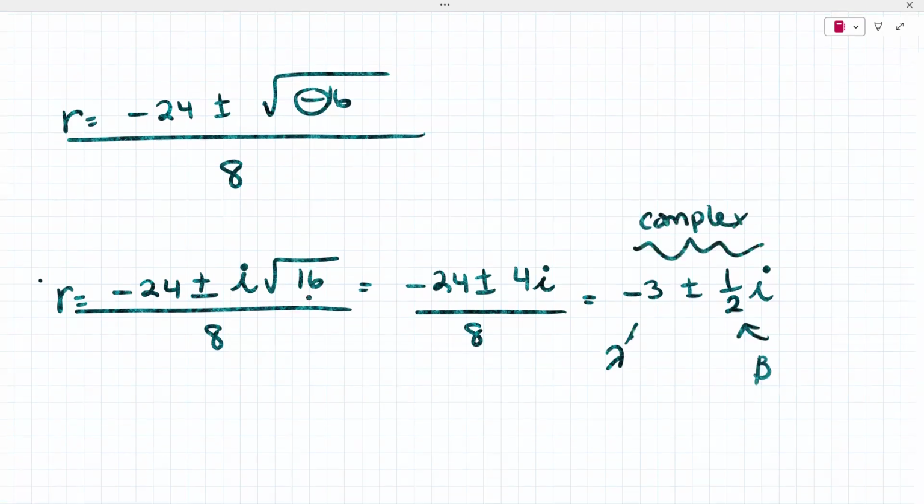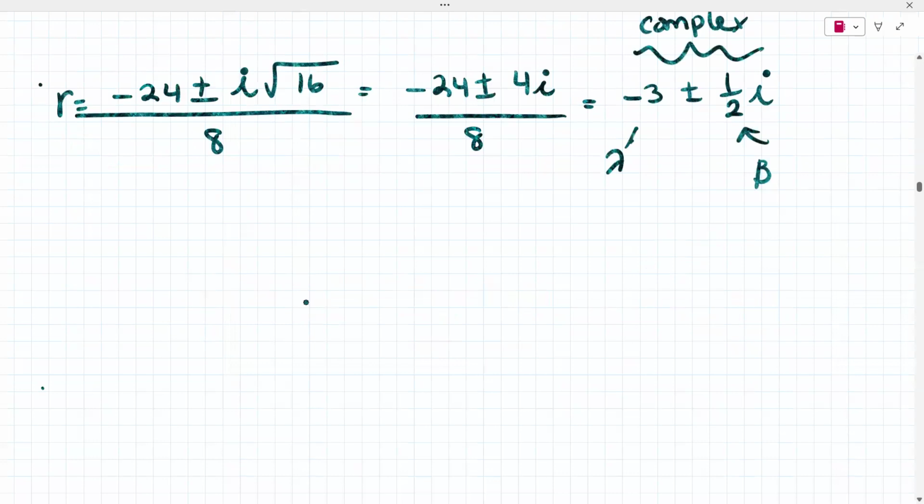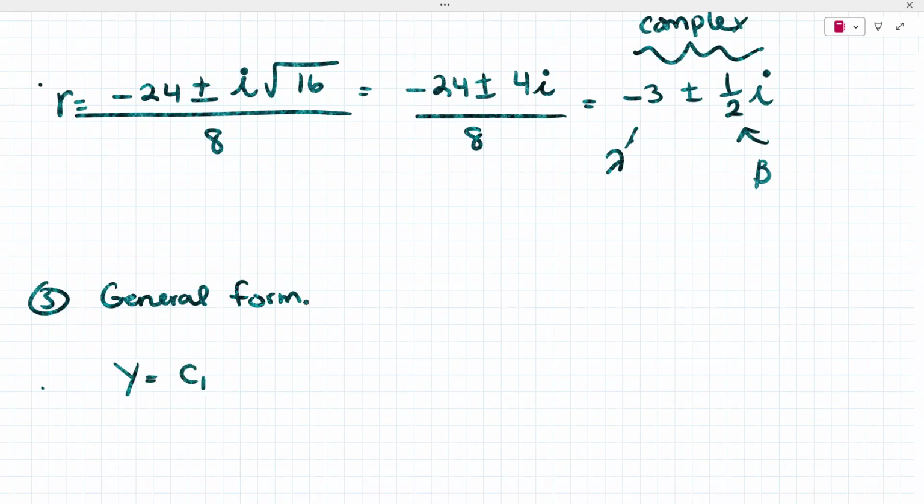Step 3, put it in the general complex form because we have complex roots. So you've got to put it in this form.